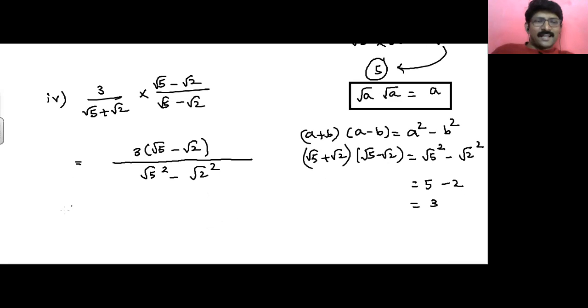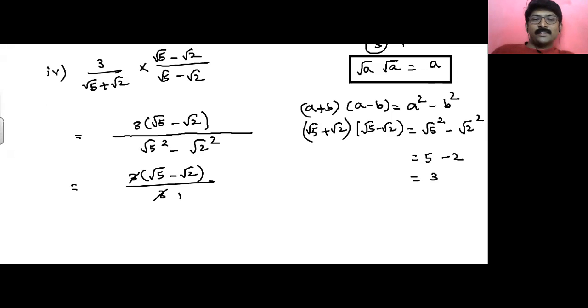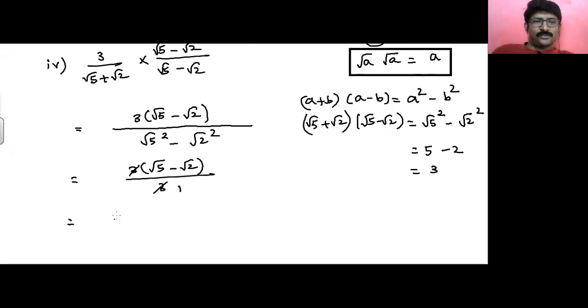That's simple. So this becomes 3 into the bracket root 5 minus root 2, and the denominator will become 5 minus 2, which is 3, and the 3 and 3 get cancelled, so the denominator is 1. So isn't it rationalized? Yes, 1 is a rational number, so the denominator is rationalized. I hope you understood. So the answer is root 5 minus root 2.